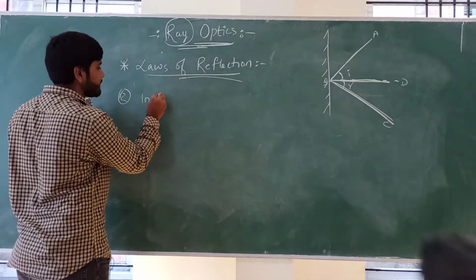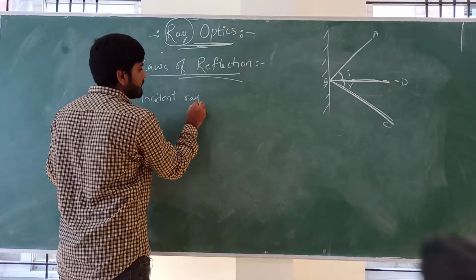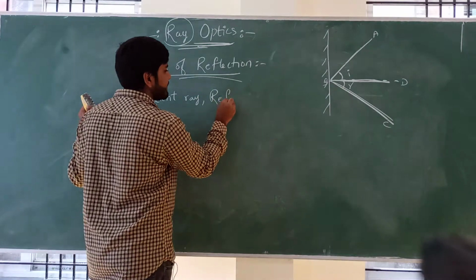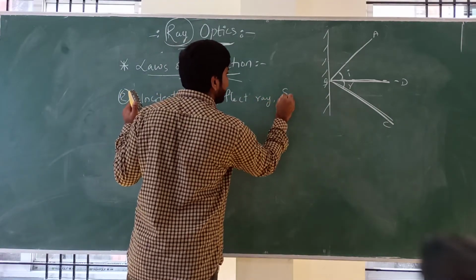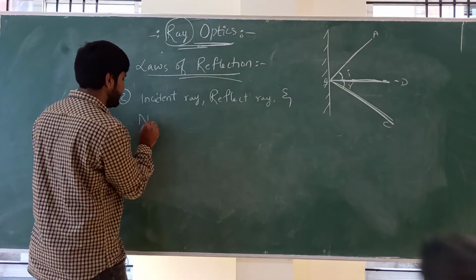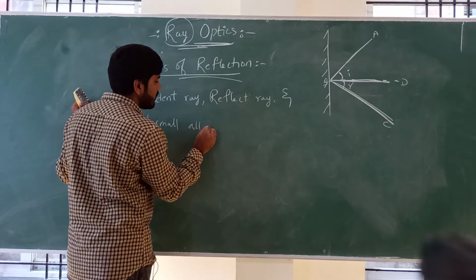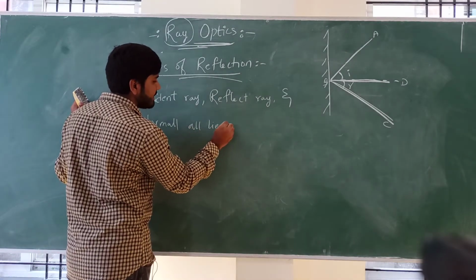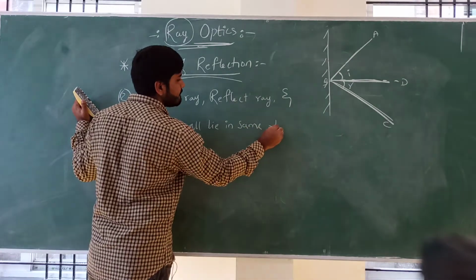incident ray, reflected ray and normal all lie in the same plane.